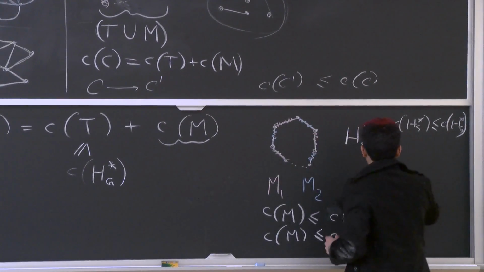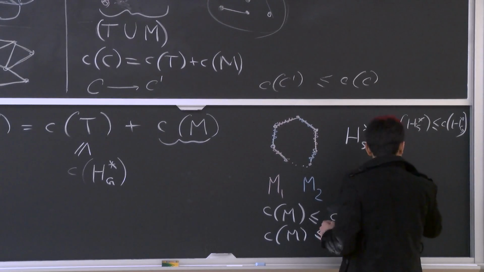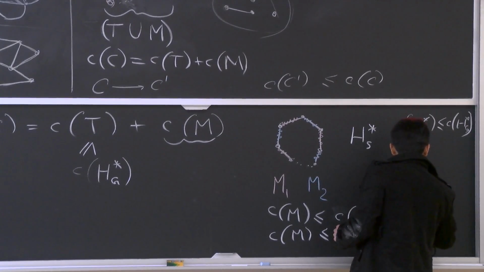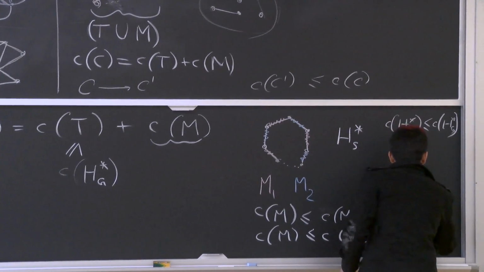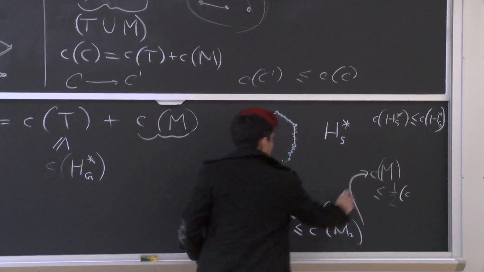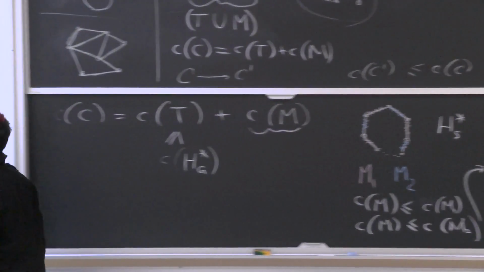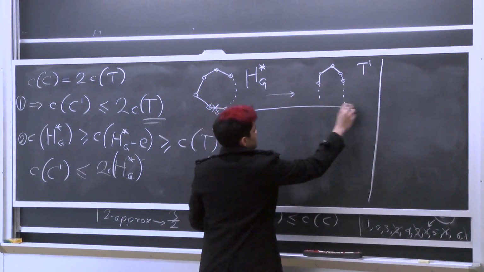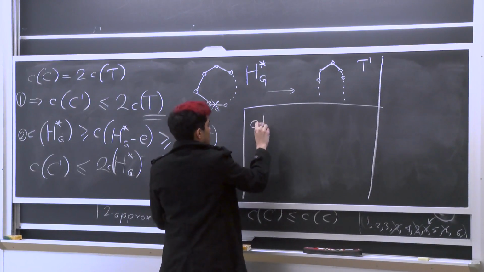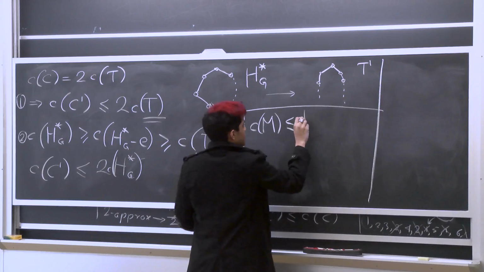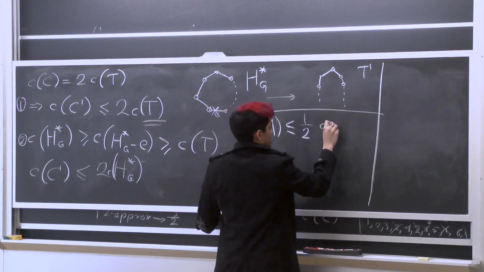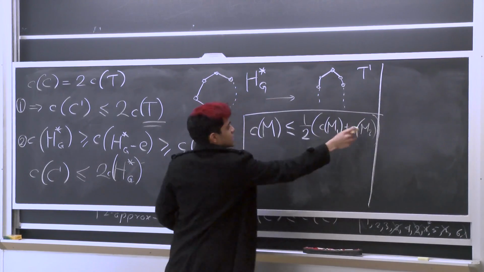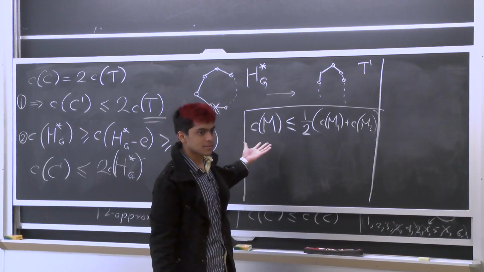Again, this implies that the cost of M is less than or equal to half cost of M1 plus cost of M2. Since both of these guys are larger than this, their average is also larger than this, right?